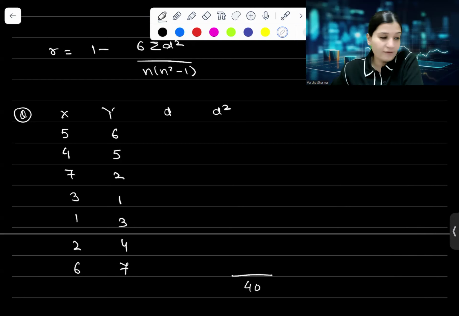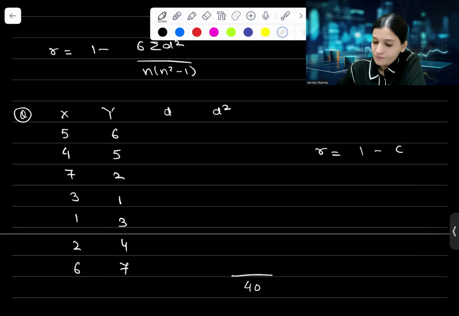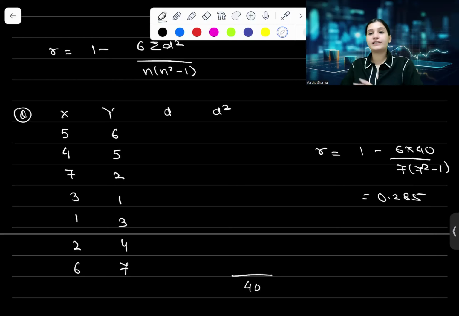Change the sign, add 1. What is the value of r? 0.285. Very good. All of you got the answer?